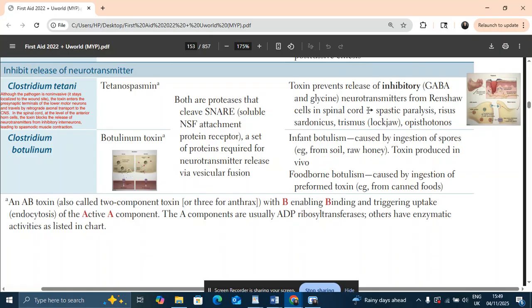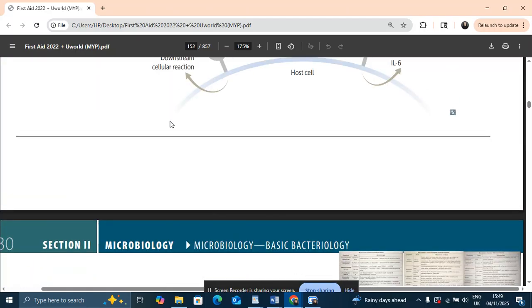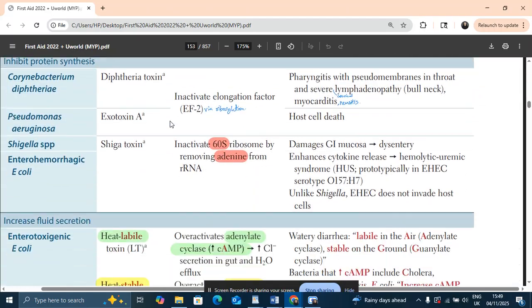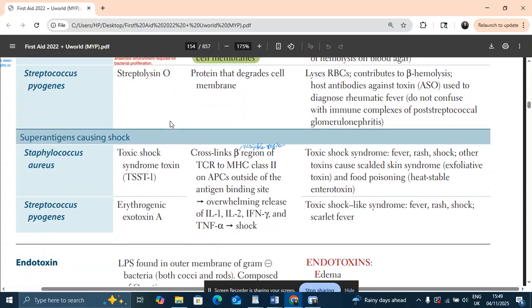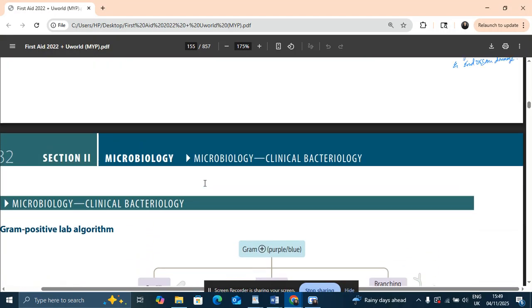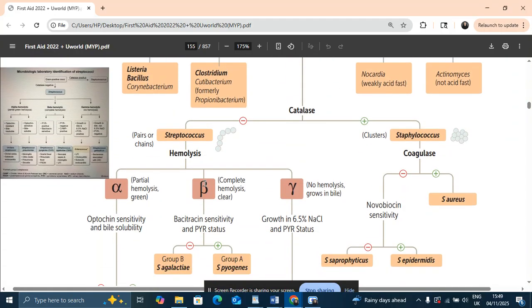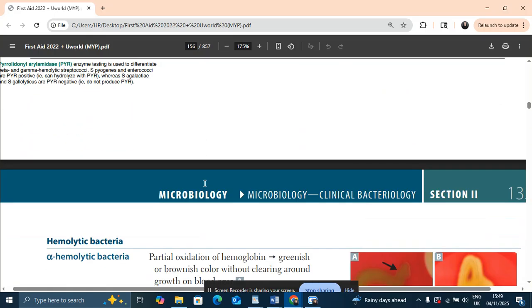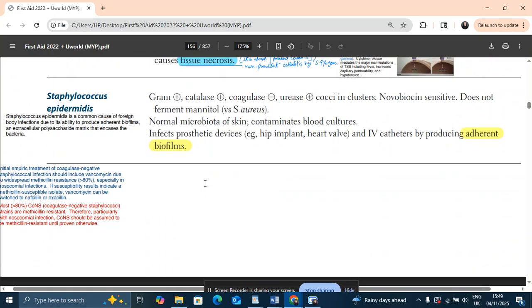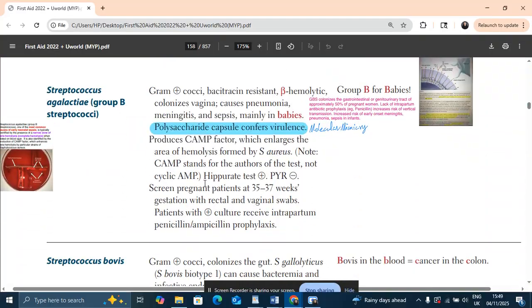And then, how can we prevent tetanus? Prevention of tetanus is through vaccine, obviously. Which vaccines? Tdap, DTaP, the tetanus vaccine, which is a toxoid vaccine. We have already talked about toxoid vaccines in the previous lecture.